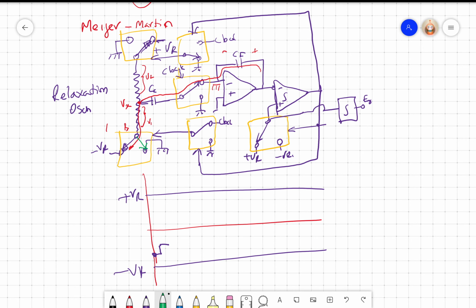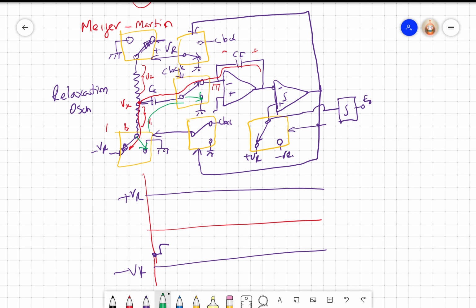Now the moment clock turns 0, I will use the green for 0. This switch will become here. This is permanently connected. This switch would connect here, and this is again permanently connected, right? Only these two are clocked. So one end of this is connected to ground. The CC other end is also connected to ground.